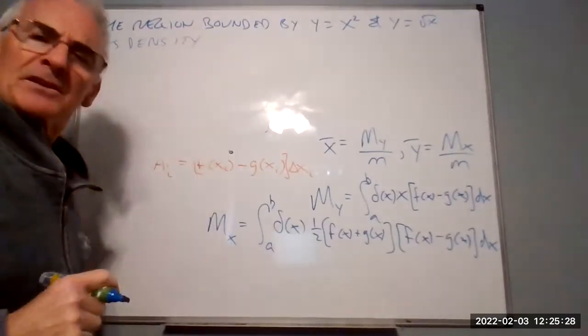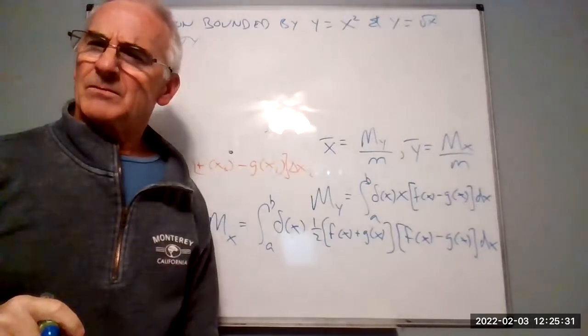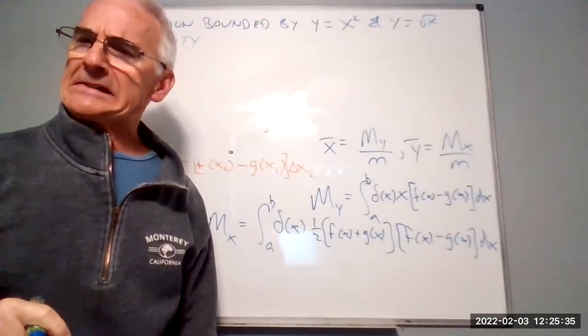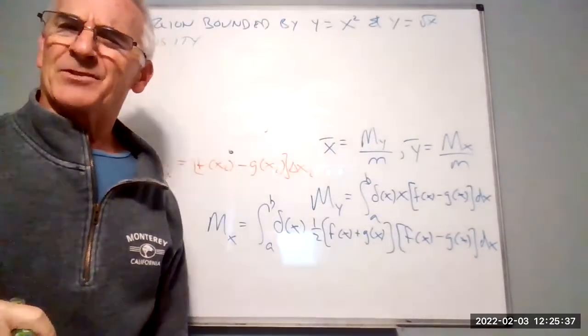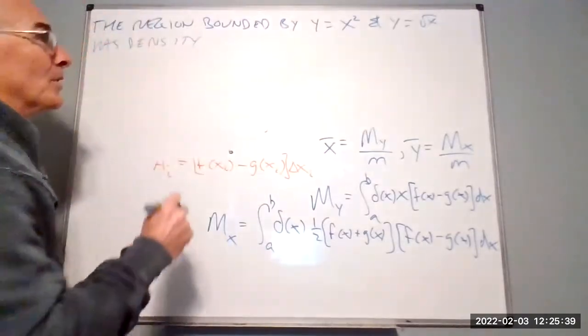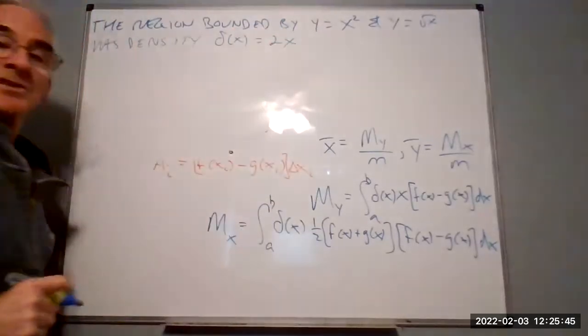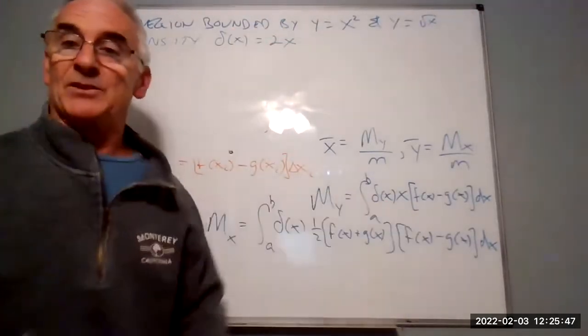What did I use yesterday? Did I use 2x? Does anybody remember? I think I used density 2x. I'm not positive though. Yes, you used density 2x, sir. Okay, has density 2x. I kind of want to use the same problem because we can then use the same mass.